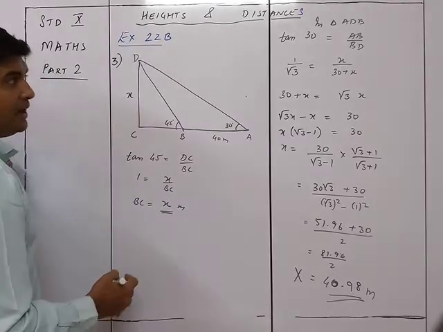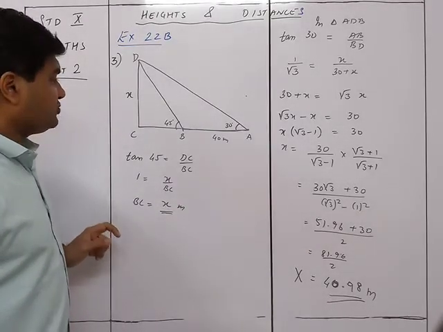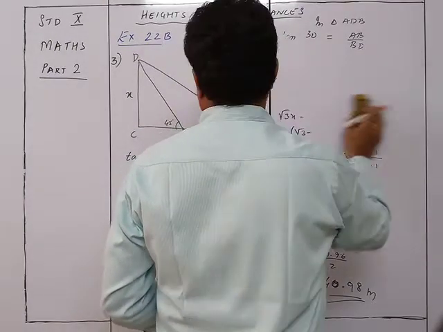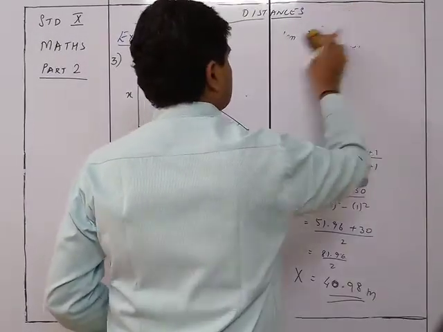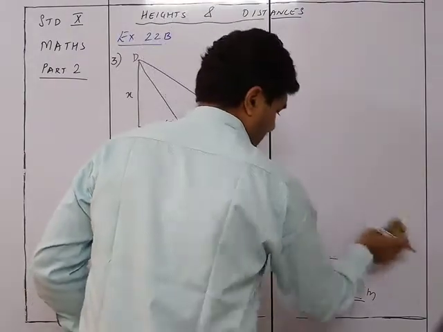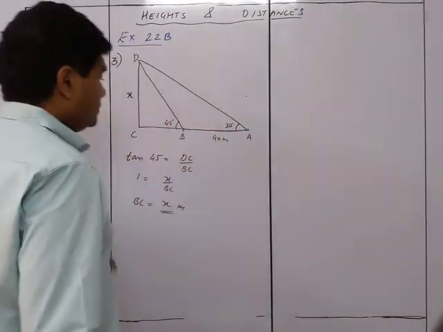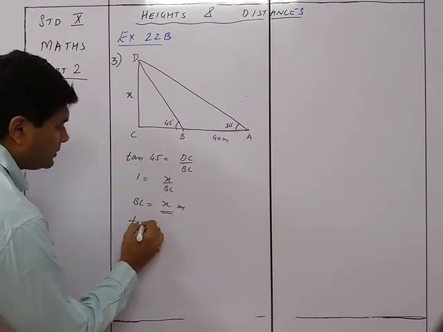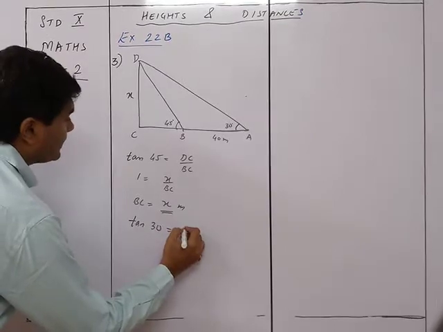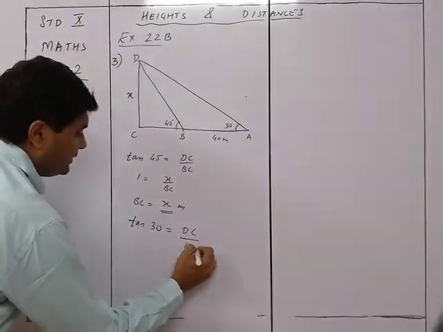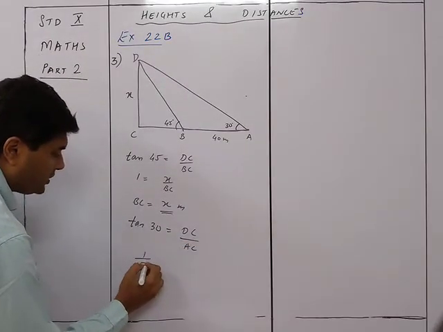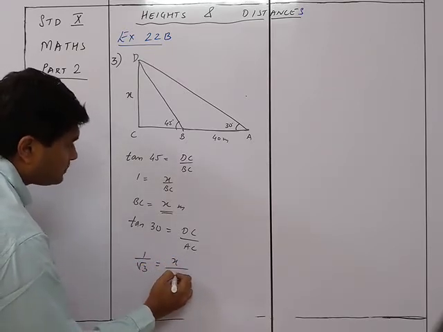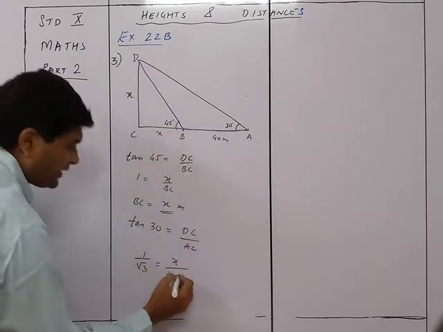Now we are going to take the next triangle, that is the bigger one. So we have over here that tan 30 is equal to DC upon AC, which is 1 upon root 3 is equal to x upon x plus 40, because now this will become x plus 40.